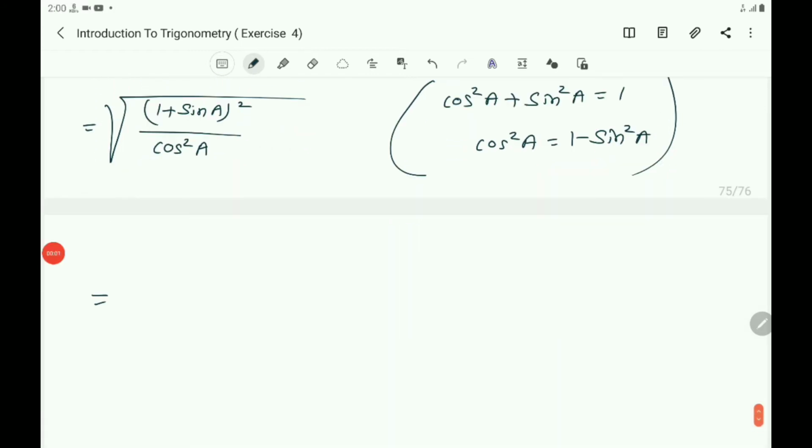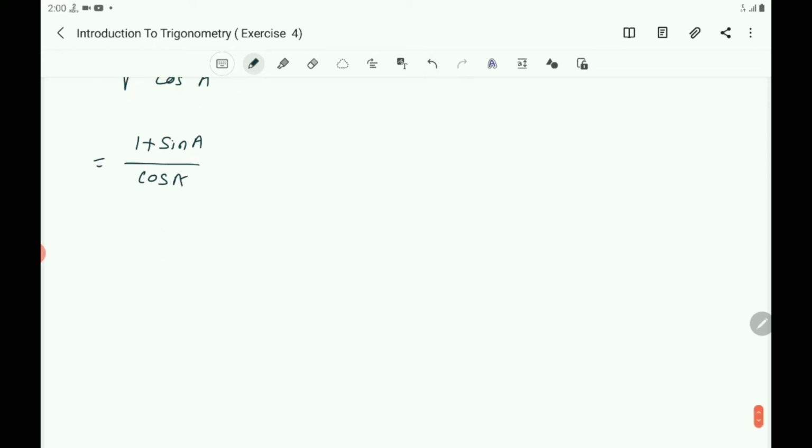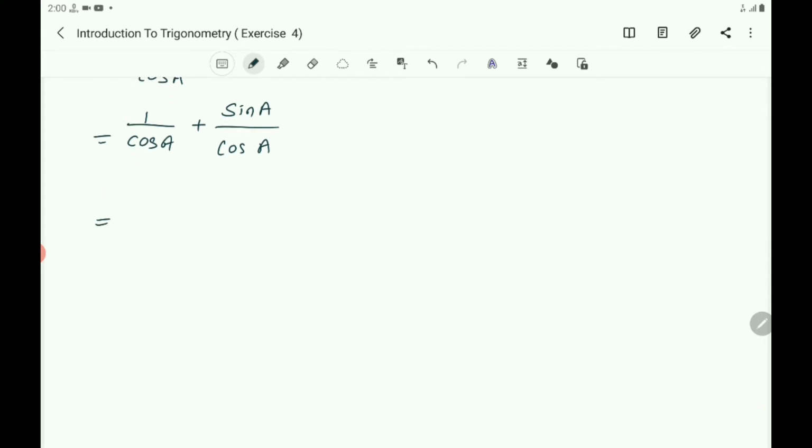Then take the root for both numerator and denominator, that is square root of (1 plus sin A) whole square and square root of cos square A. The square root of (1 plus sin A) whole square is 1 plus sin A, and square root of cos square A is cos A. Here you separate 1 and sin A: 1 by cos A plus sin A by cos A. 1 by cos A is secant A, and sin by cos is tan.